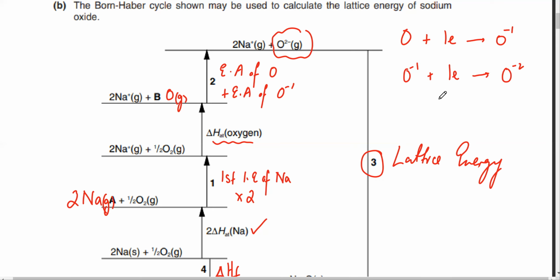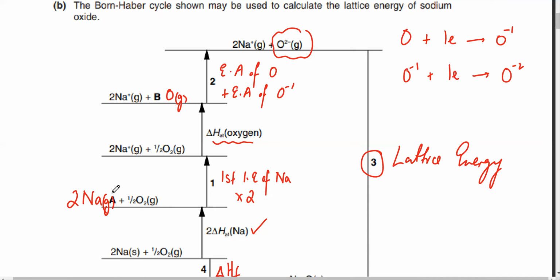They're completely two separate reactions. You want to turn an oxygen atom into oxygen minus 2. The first electron affinity is exothermic, and the second one is usually endothermic, because it's a lot more difficult for oxygen minus 1 to gain another electron. So they're two completely different reactions happening.